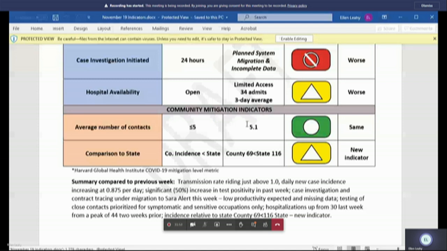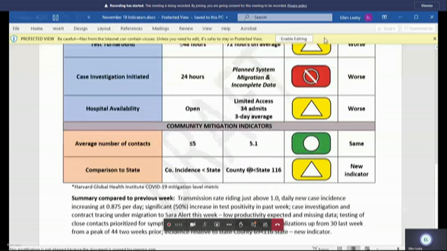The new one that I've added, it's not that we want to say that our incidence rate is great. It is not. It is over 25, and this is actually wrong. This should be at 67. I didn't change this. This number should be 67. This is from yesterday.